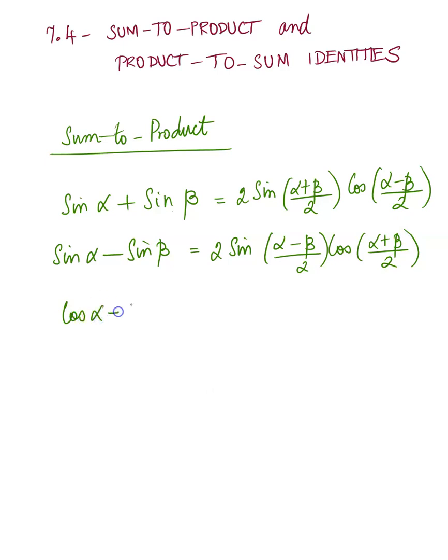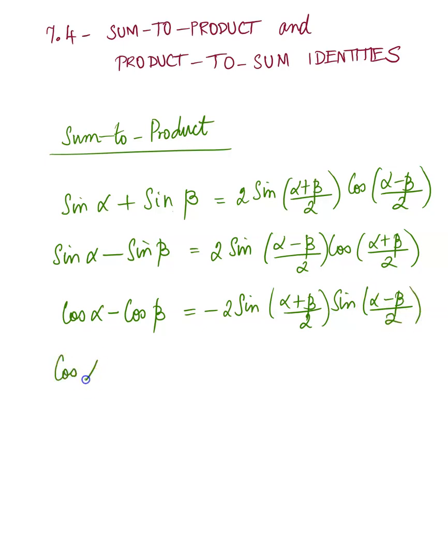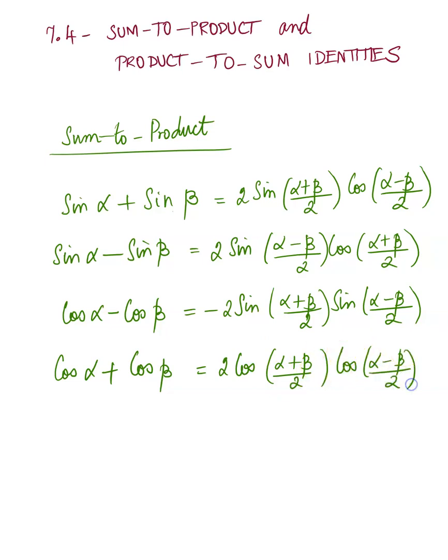If it's cosine alpha minus cosine beta, it is negative 2 sine of alpha plus beta over 2 sine of alpha minus beta over 2. And then cosine alpha plus cosine beta would be 2 cosine of alpha plus beta over 2 cosine of alpha minus beta over 2.